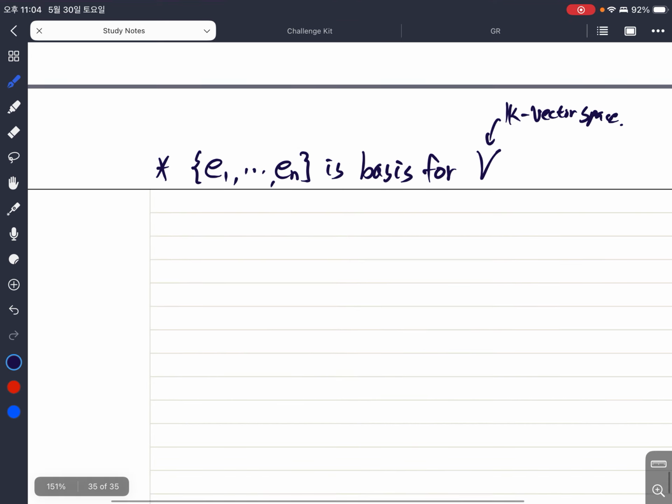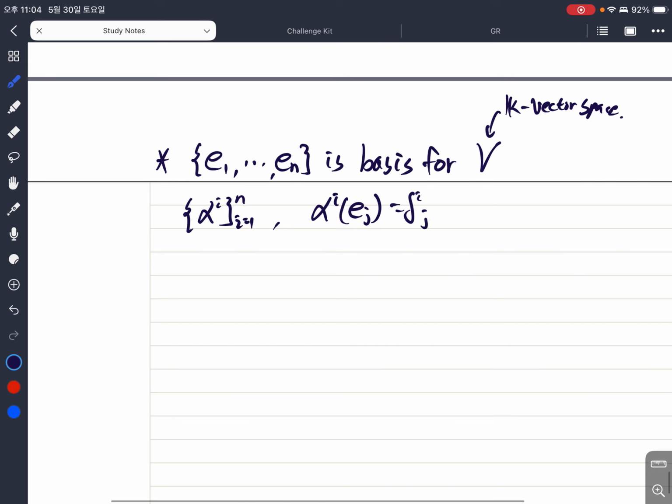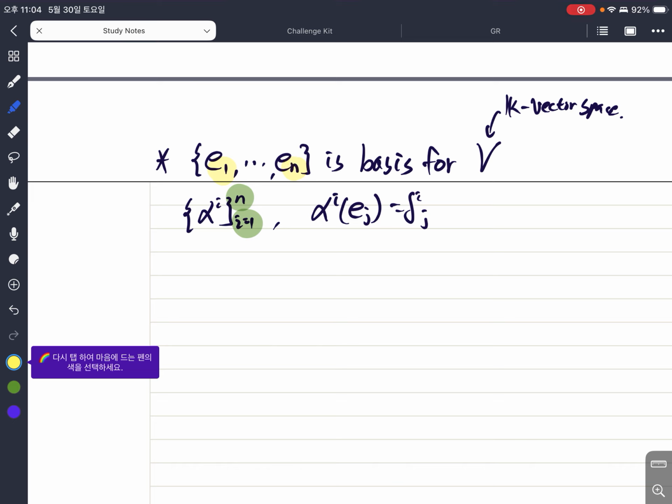Then you can define the set of maps alpha i, with i from 1 to n, where alpha i of ej is delta ij. So this is just a defined map, and what I want to show is that this is also n vectors, alpha 1 to alpha n, so the number of alphas is n, and also the basis of V is e1 to en.